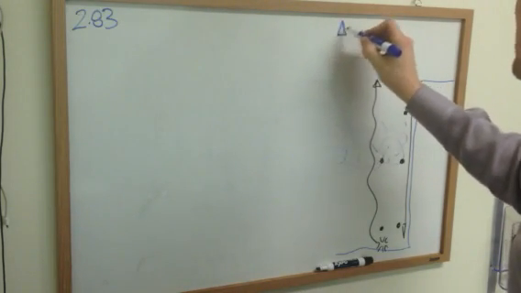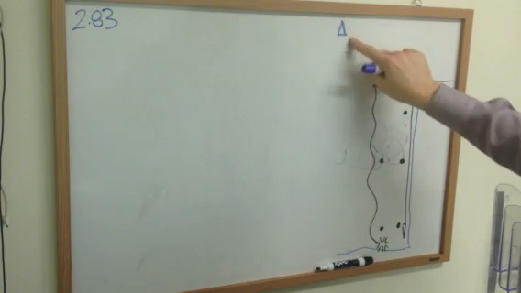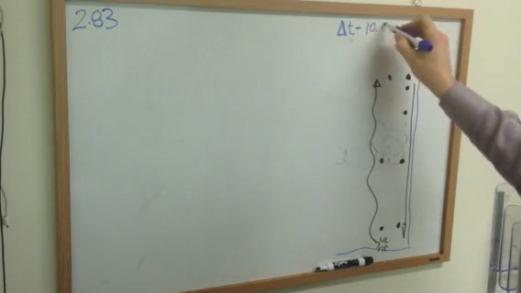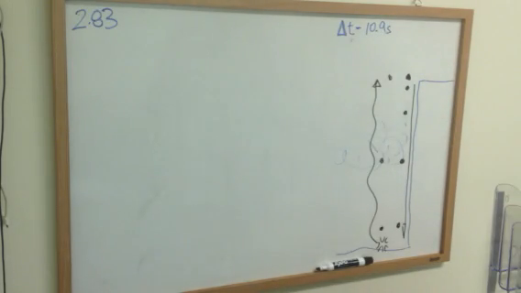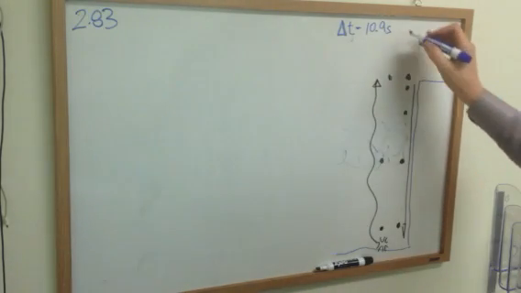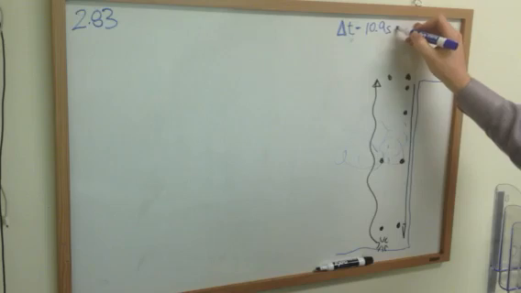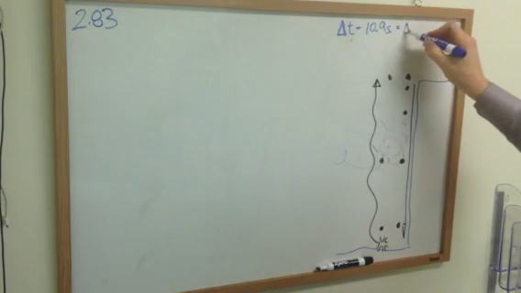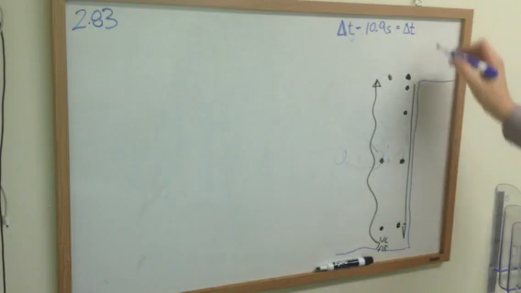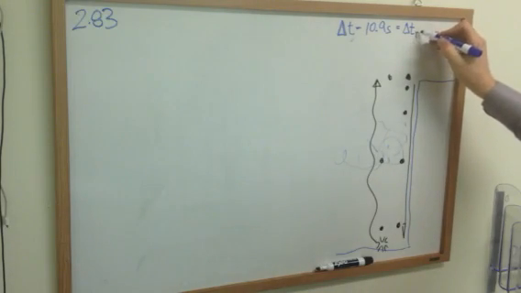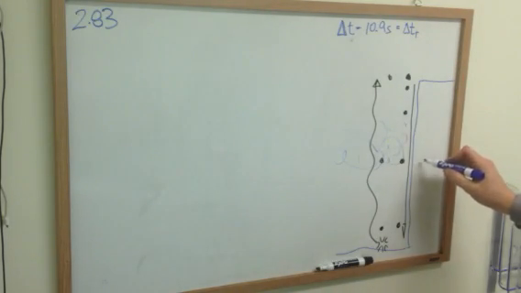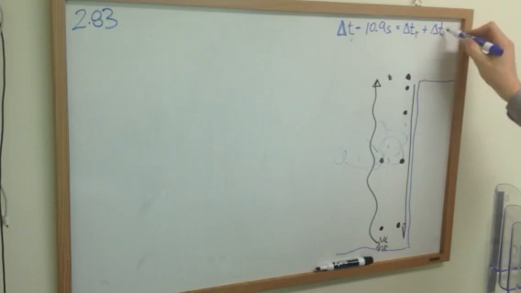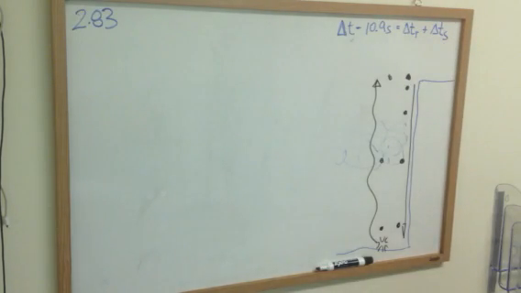So delta T is equal to 10.9 seconds, and that's equal to the change in time required for the rock to fall, so I'm going to put a little subscript R there, plus the change in time for the sound to return.